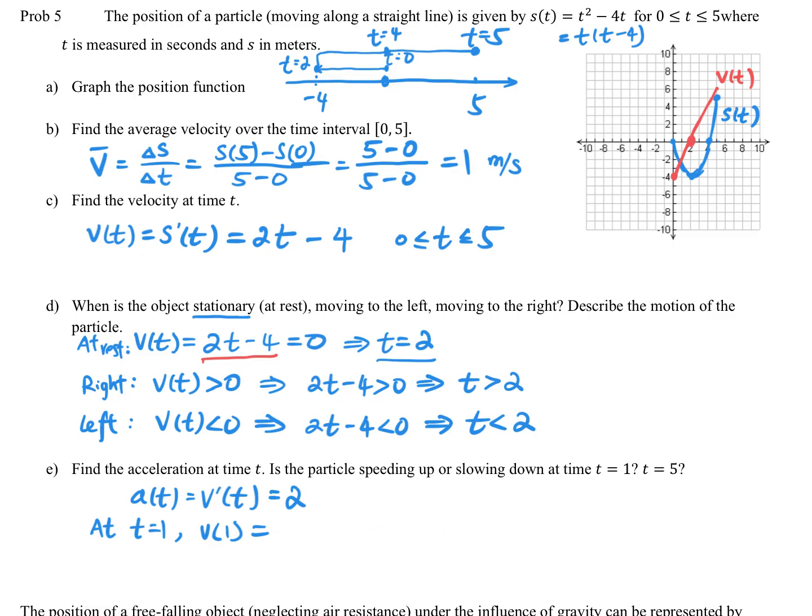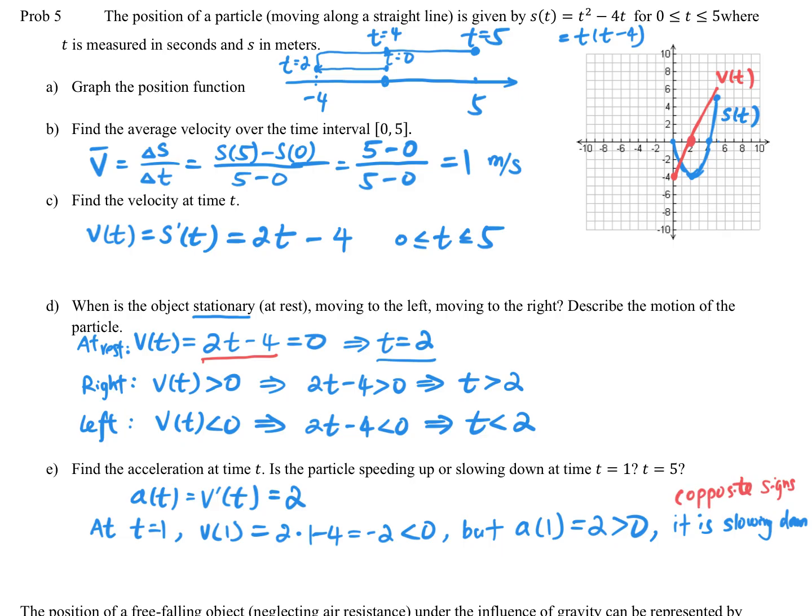But at this moment, a of 1 is equal to 2, which is greater than 0. We found that earlier. And because they have opposite signs, this is less than 0, this is greater than 0, it is slowing down at that moment, okay? Because of, again, the opposite signs. I think I should write down right there, opposite signs.